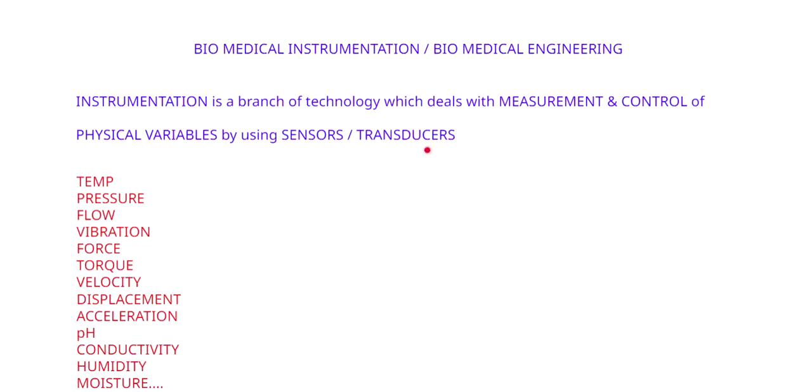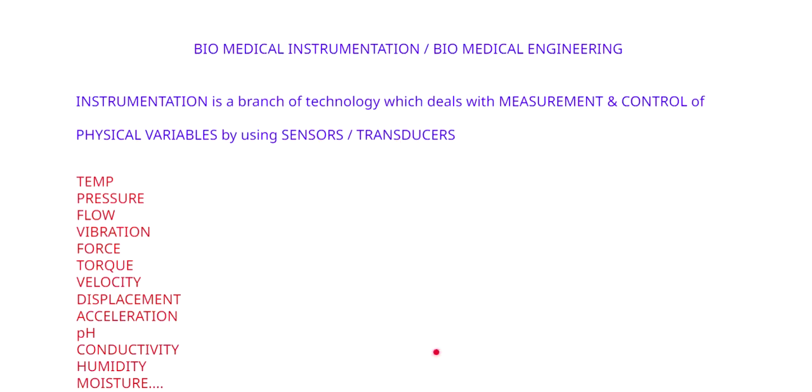So we'll use these sensors or transducers to measure these physical parameters and then control them. This technology is called instrumentation. Clear? So how to measure these physical parameters means by using sensors and transducers.